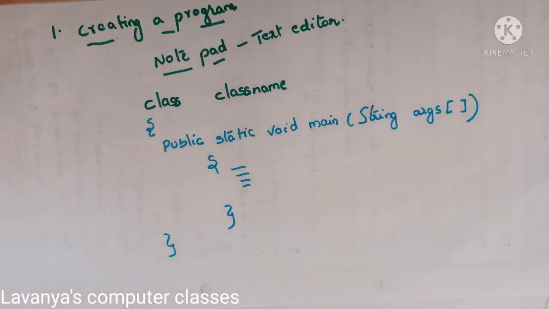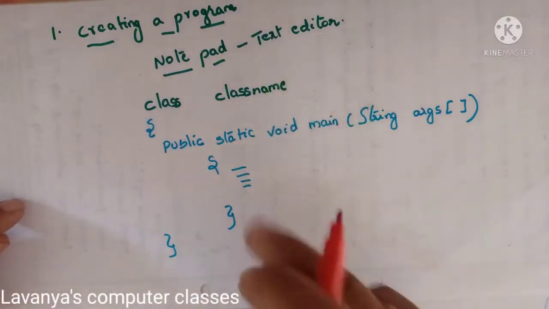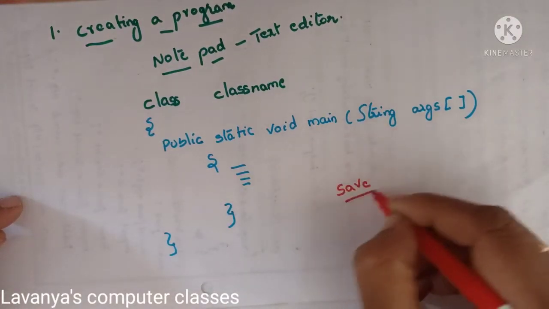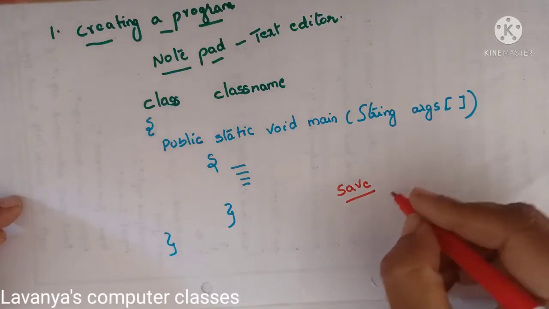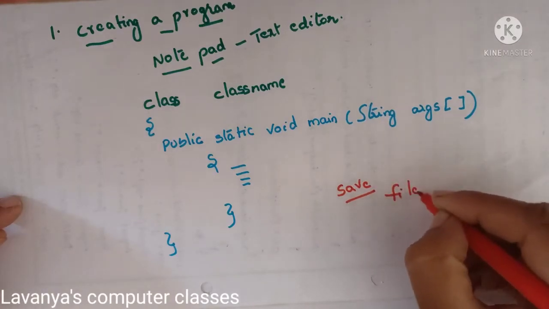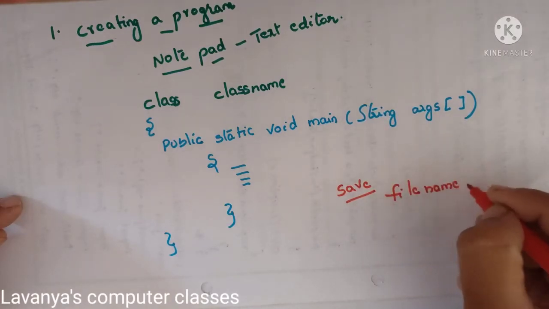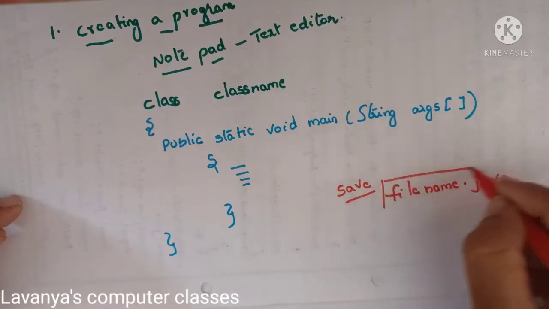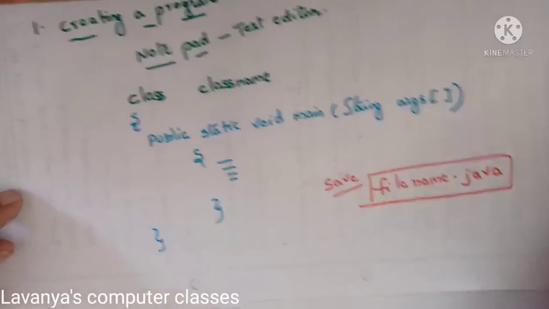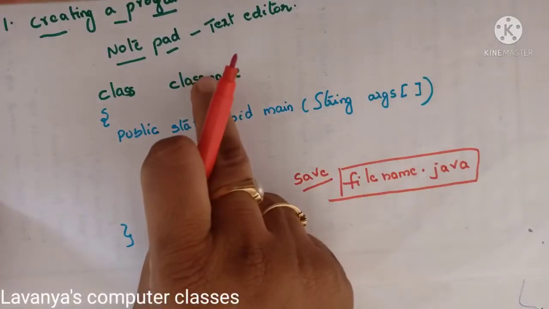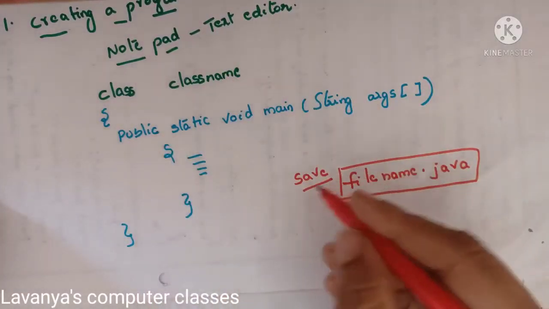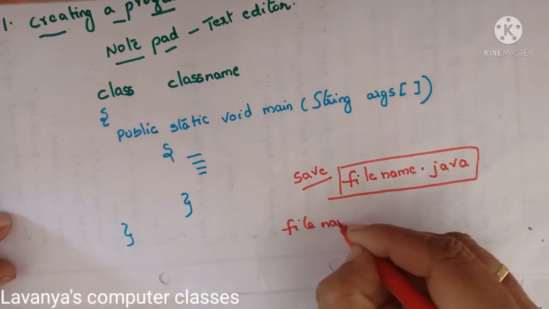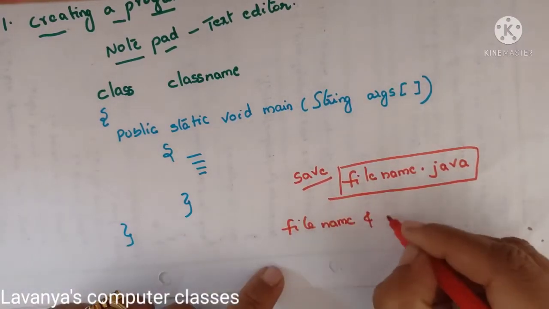After that, we have to save the program. How can you save the program? File name .java. We have to give some name for the program and the extension is Java. Here one thing you have to remember: the file name and class name must be the same, and the first letter should be a capital letter.